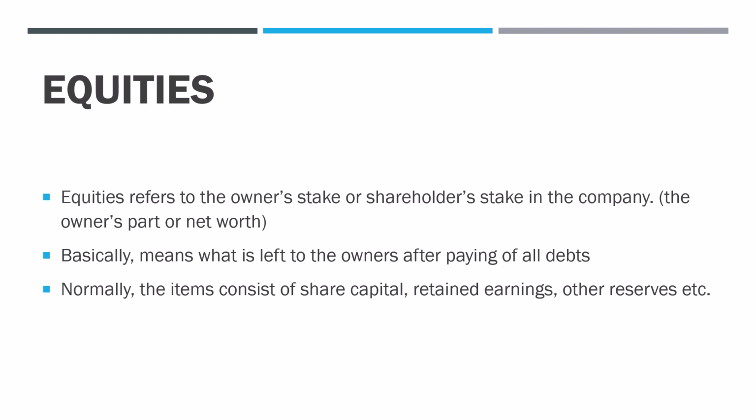These three components always balance out following the fundamental accounting equation: assets equals liabilities plus equities. And it makes sense, right? What you own must equal what you owe plus what's left for the owners. These statements give a crucial picture of a company's financial health at a specific moment in time.